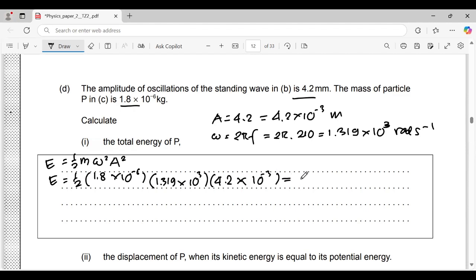I have calculated this: 2.8 times 10 power minus 5 joules. This is the result. After approximation it becomes 2.8.